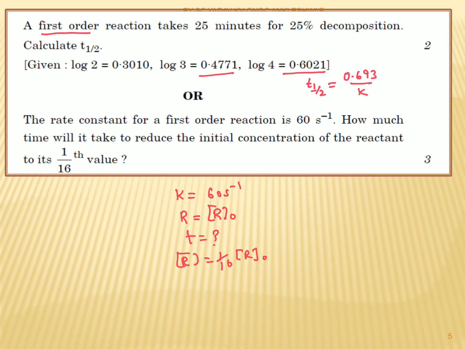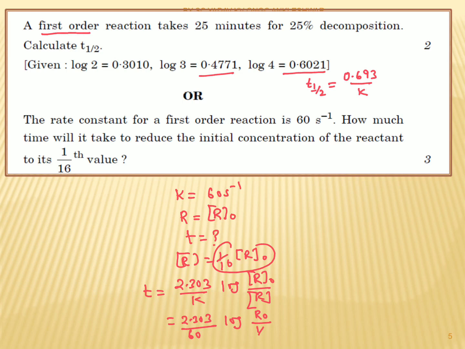Okay, so now my dear students, here time is asked, so you can write t is equal to 2.303 by k log R0 by R. This is the equation for the first order reaction. So 2.303 and the value of k is given, 60 per second, log R0 by R, and R is equal to 1 by 16th part of R0.